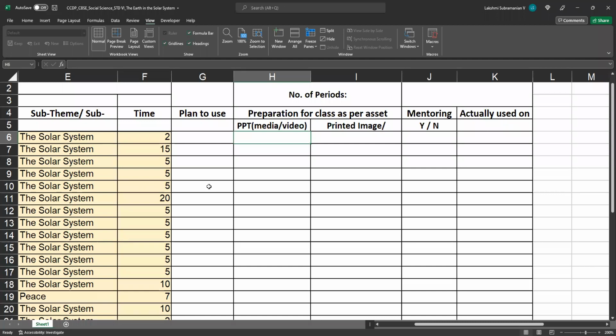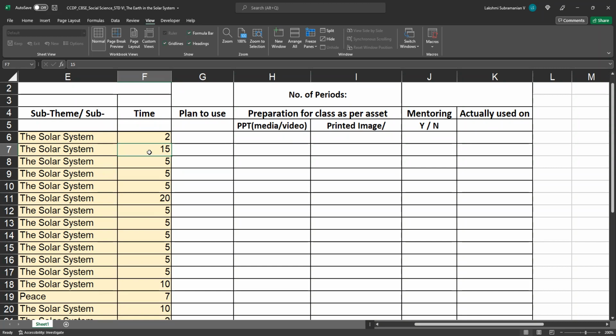Like I said, you can do these 4 videos, 4 assets, the 15 minutes plus 5 minutes. So 30 minutes, I'm telling you when planning that, okay, these 4 assets can be transacted in one period. But it so happened, let's say this 15 minutes actually extended to 25 minutes because there is a lot of interaction.